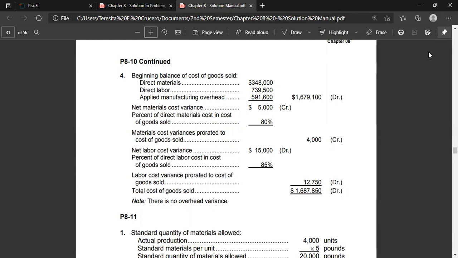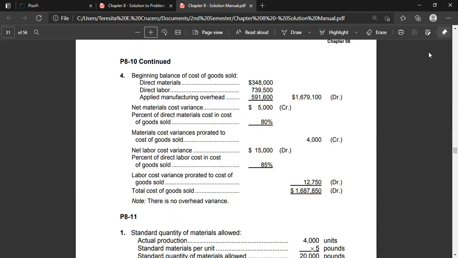So we now have for 8-10 journal entries. Net labor cost variance is 15,000. It's a debit. Then percent of direct labor cost in cost of goods sold of 85 percent.